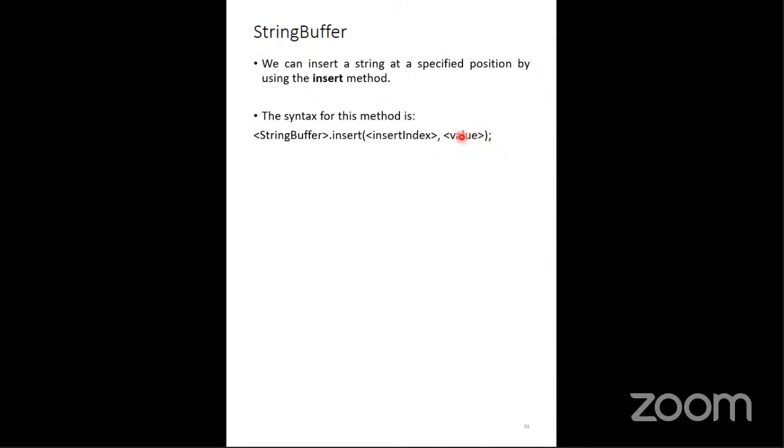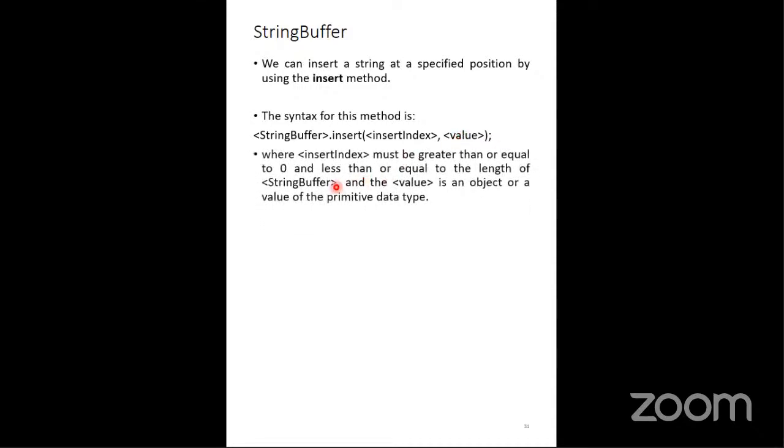Whereas append requires only one argument, what you want to append. So the difference between append and insert is that append always appends a value at the end of the string buffer, whereas insert can insert a value anywhere you want, at a specified location. The insert index has to be between 0 and the length of the string. Obviously, it cannot go beyond the index value.